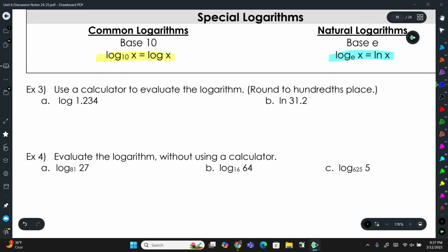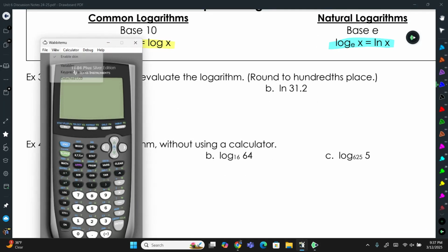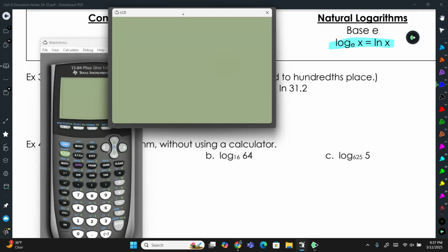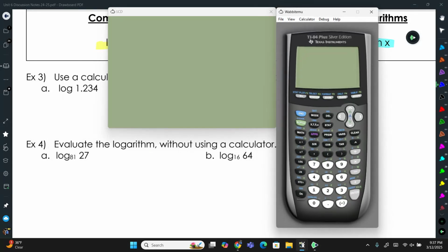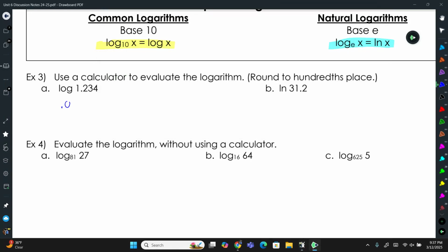So example 3, we're just going to use our calculator to evaluate these. If I type in log of 1.234, so that's log base 10 of 1.234, and that is 0.09. It says round to the hundredth, so we can just do 0.09.